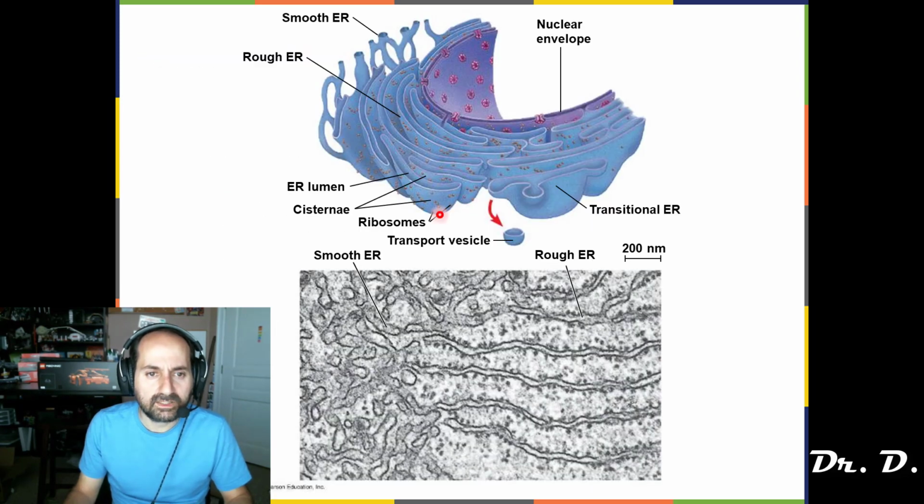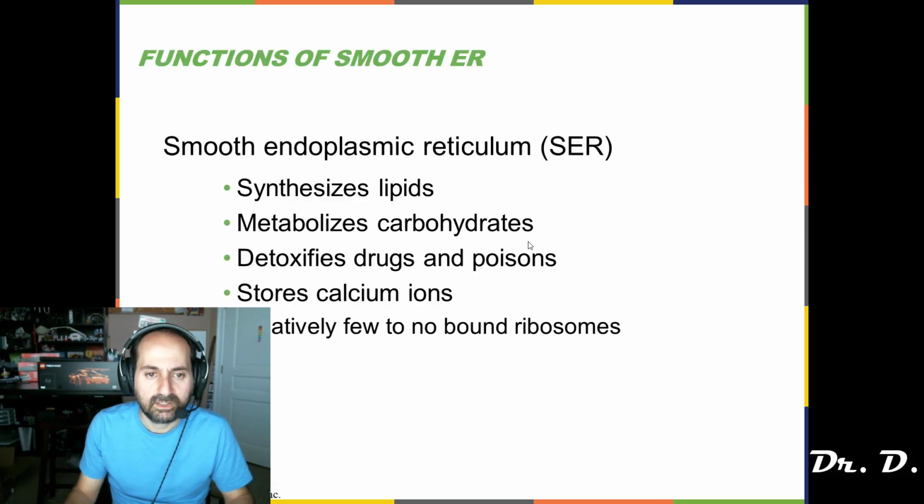Do you remember last time in the previous video I told you that proteins are made at the rough ER, and those proteins can be membrane proteins or proteins that float around in the lumen of the ER, and then that ER membrane can pinch until it pinches off as a vesicle, a transport vesicle. Well, let me show you.